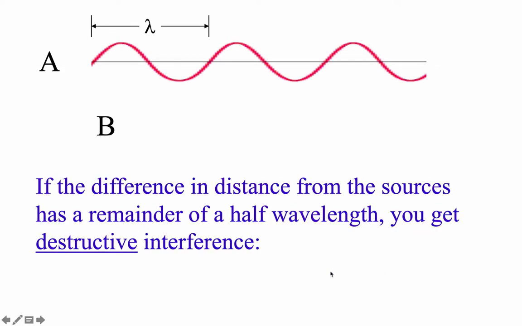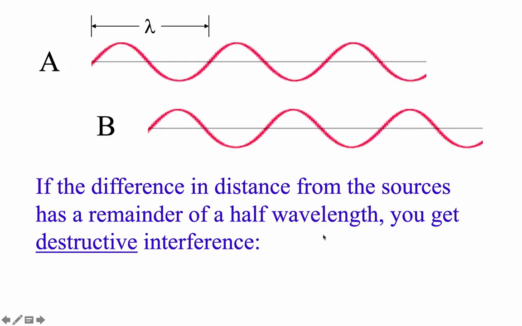On the other hand, if you have a half wavelength difference, I can actually show you this with a couple speakers. You can move them half wavelengths, whole wavelengths. It's the coolest thing in the world. We'll make anti-sound in the laboratory. But anyway, notice that I've shifted B a half a wavelength. This is a whole wavelength. I've shifted it 1/2 wavelength.